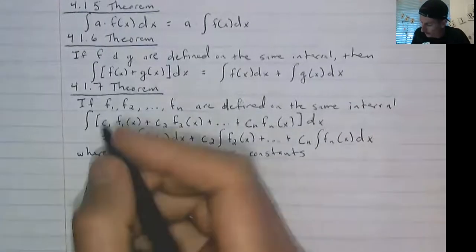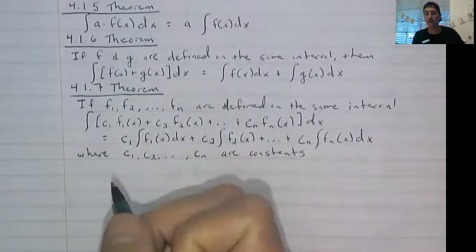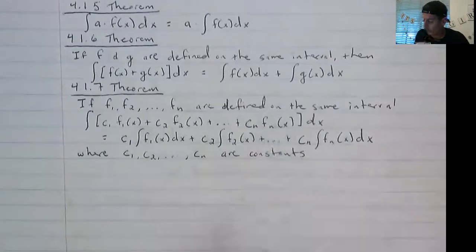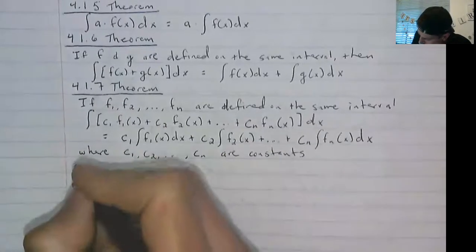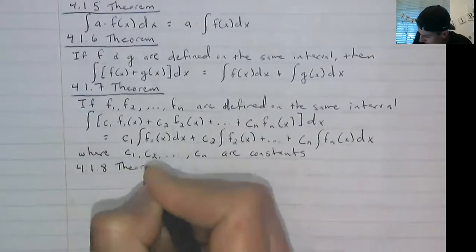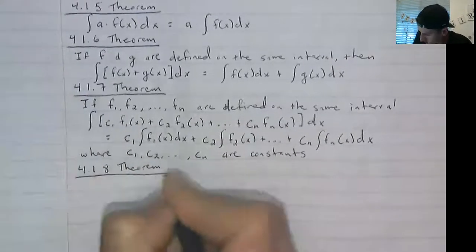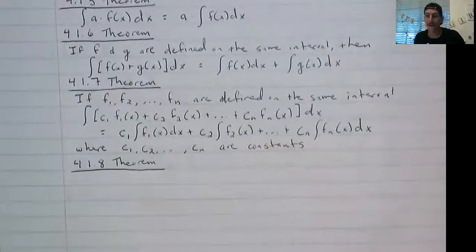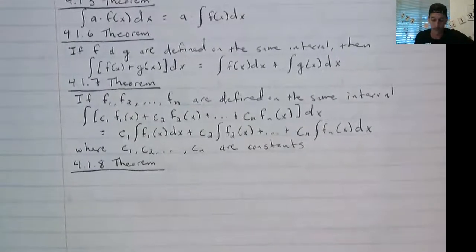And the last piece of this puzzle that will let us really tackle any polynomial function is 4.1.8, which is going to give us the blueprint for finding the antiderivative of a power expression.